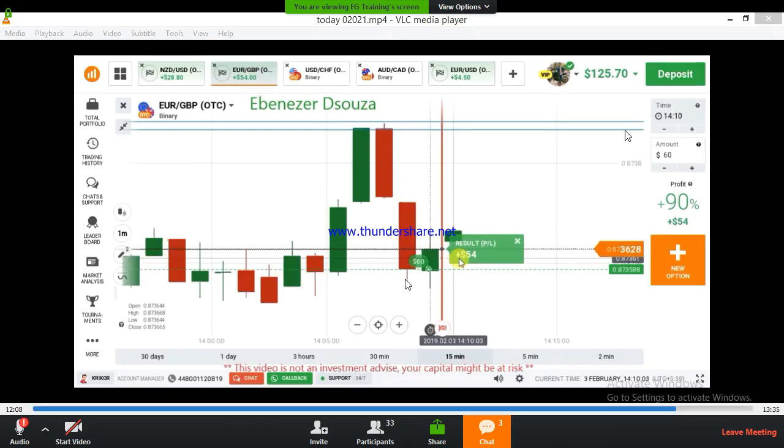So this way you can trade with confirmations in the direction of the trend. Always trade in the direction of the trend at the strong level with confirmation. If you follow these 3 rules, you will get ITMs mostly. Okay, this is the SNR strategy. How to trade at strong SNR levels with 5-second confirmation.